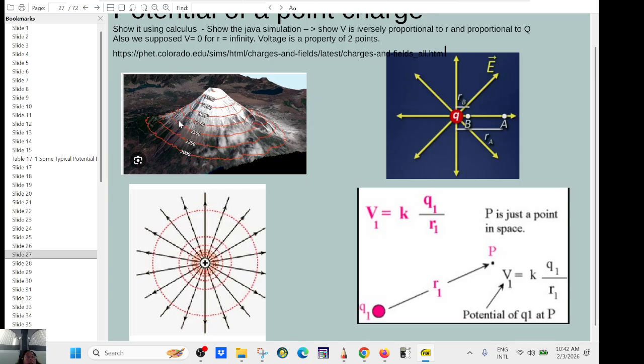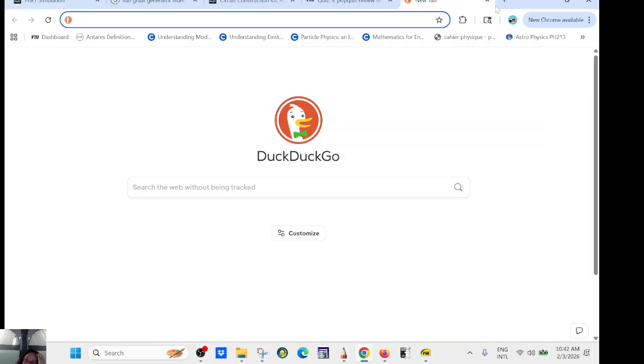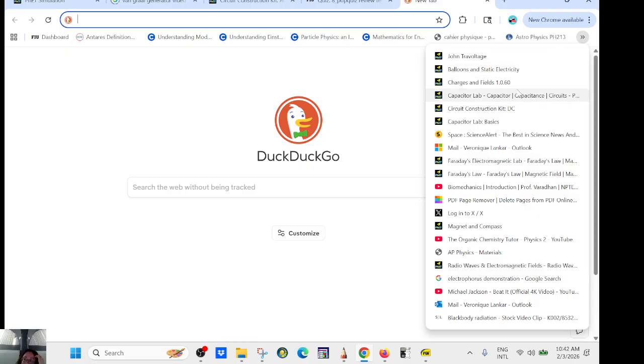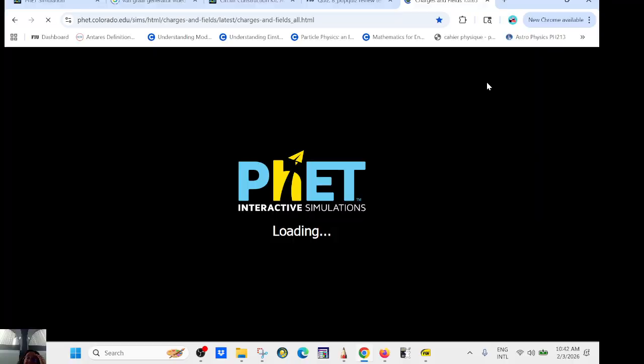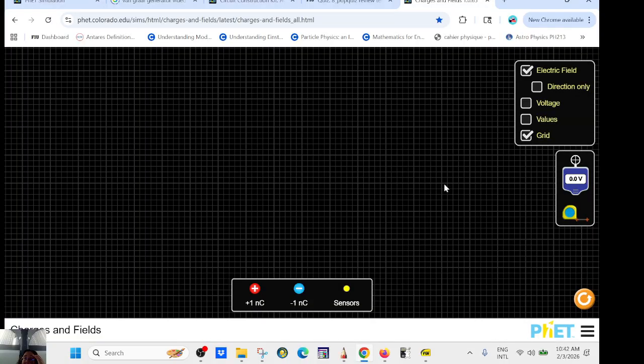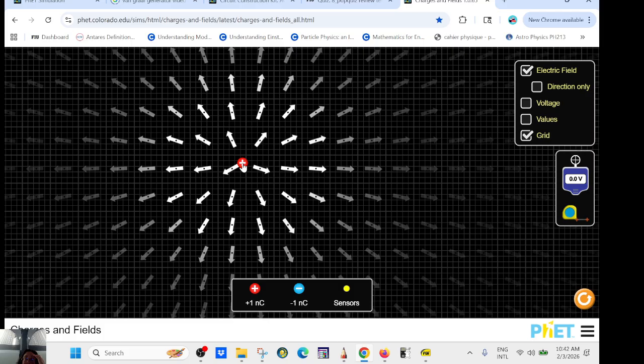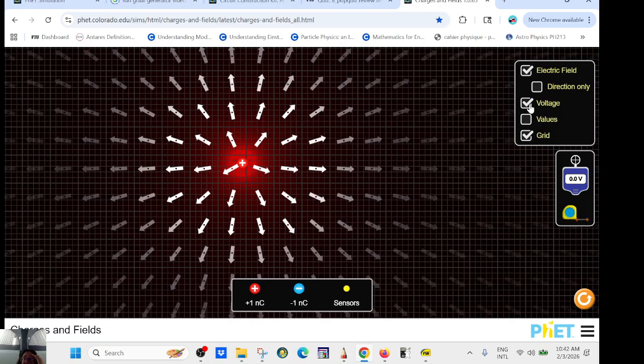The electric field will be the slope. It's like gravity, showing you which way to go. So you go the fastest from higher potential to a lower potential. So let me show you. If you have a point charge, you have the electric field here, and I can find the voltage here.